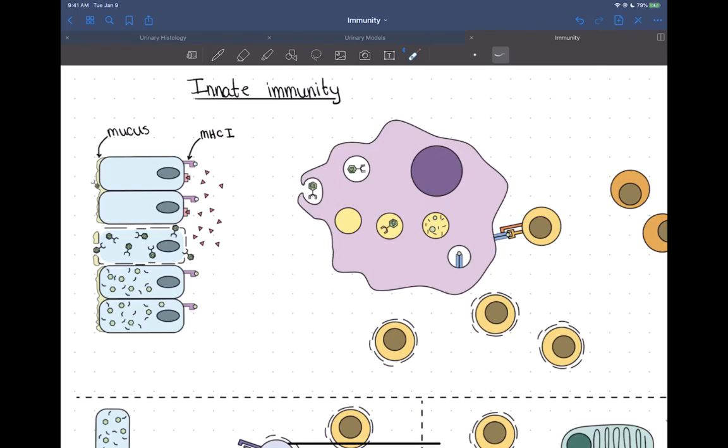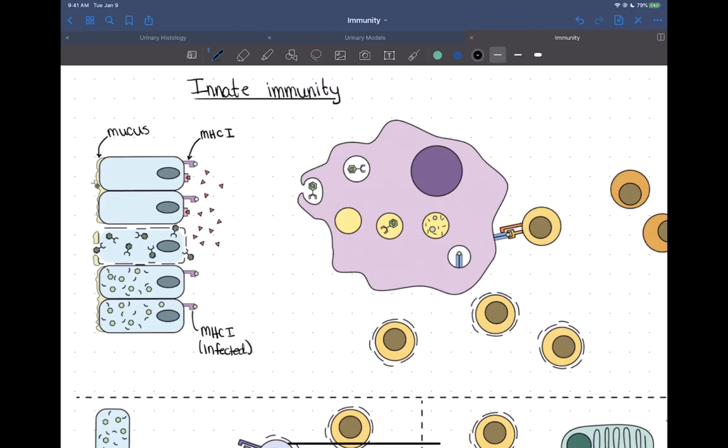However, if we look at these cells that are full of virus, that MHC1 would present a little bit of that virus, saying, I'm infected. So this would be an MHC1 for the infected cell.